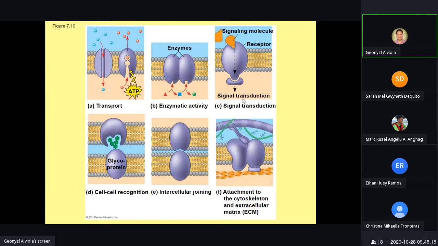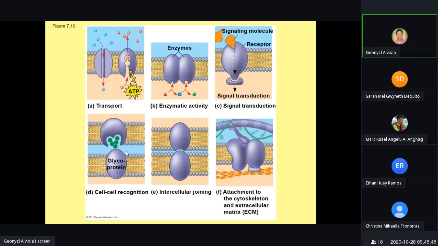For signal transduction, there must be a receptor, and the substrate must fit the receptor. If it fits, the molecule can enter, but if it doesn't match its affinity or shape, it cannot go into the intracellular fluid. Another is cell-to-cell recognition.